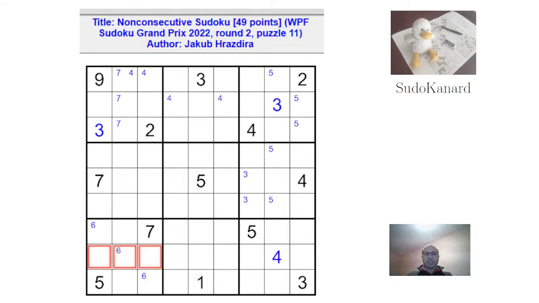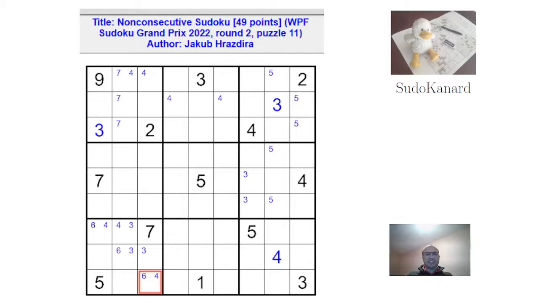Down there, 4 is not here by Sudoku. It's not next to the 5. So 3 positions for 4. What about 3? 3 can't be here, so 3 has to be somewhere here. And if it's in one of those two positions, it will push 4 in the opposite direction.